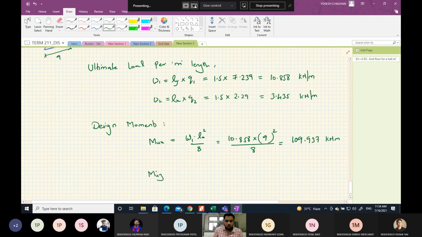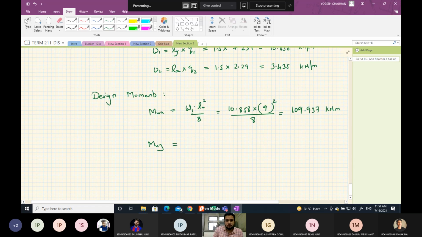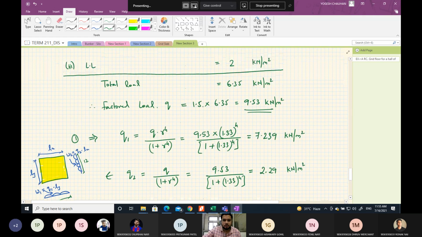and it is W2 Ly square by 8. Don't get confused by Lx and Ly, or simply let us write this as what we have mentioned.